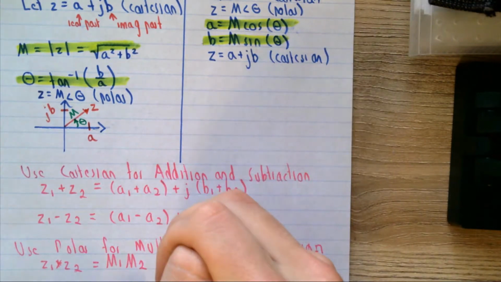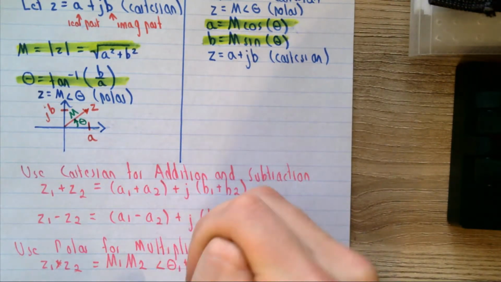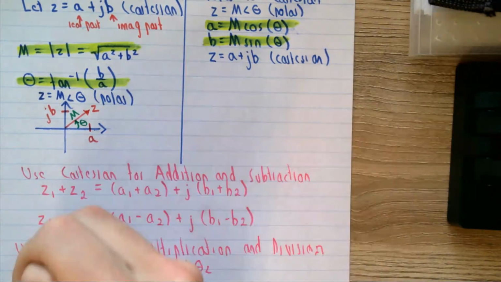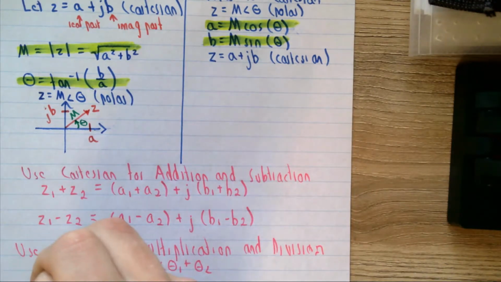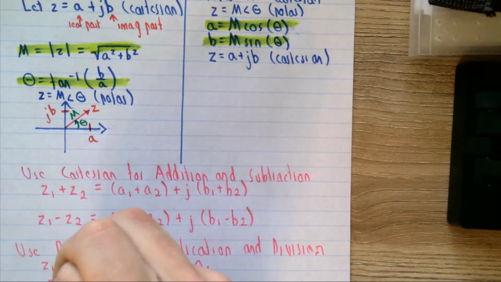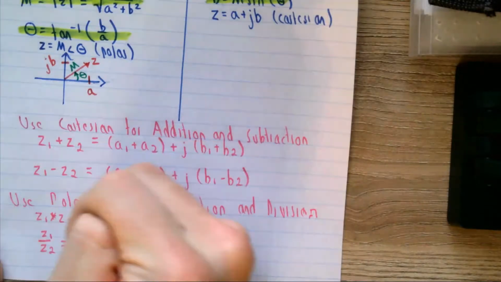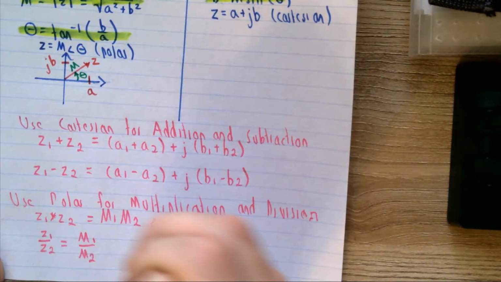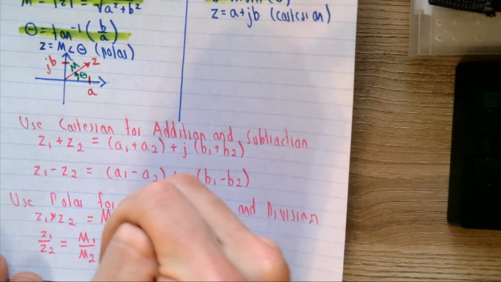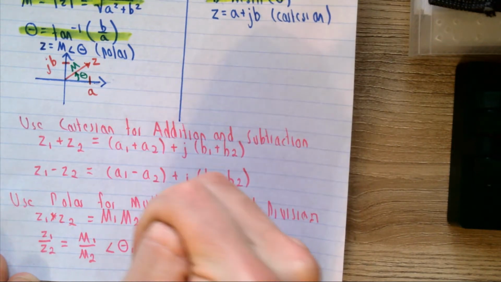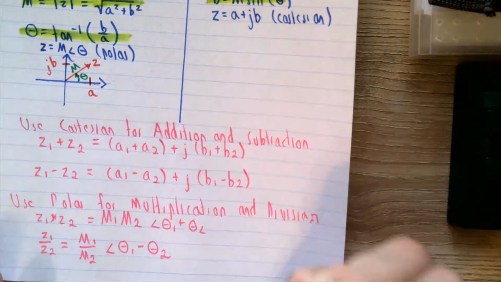For division, that's going to be z1 divided by z2. I'm sorry, the magnitudes divided by one another and the angles subtracted from one another. And so those are the common techniques.